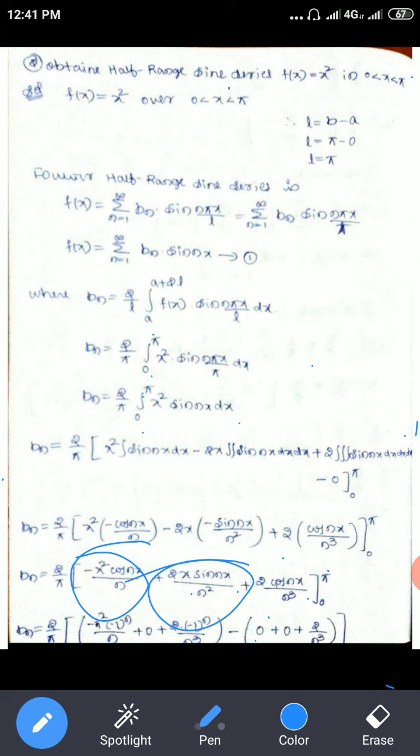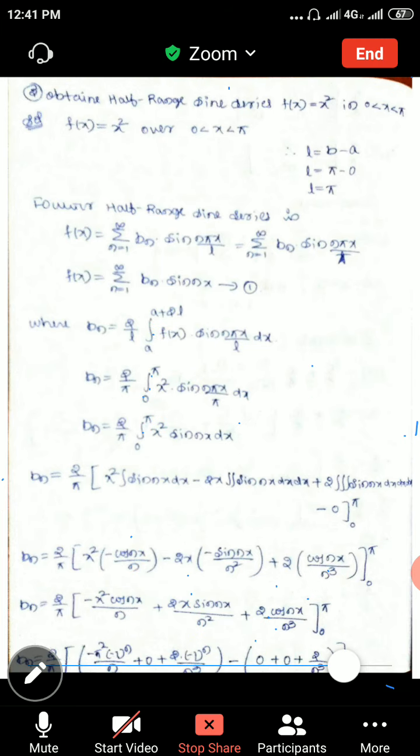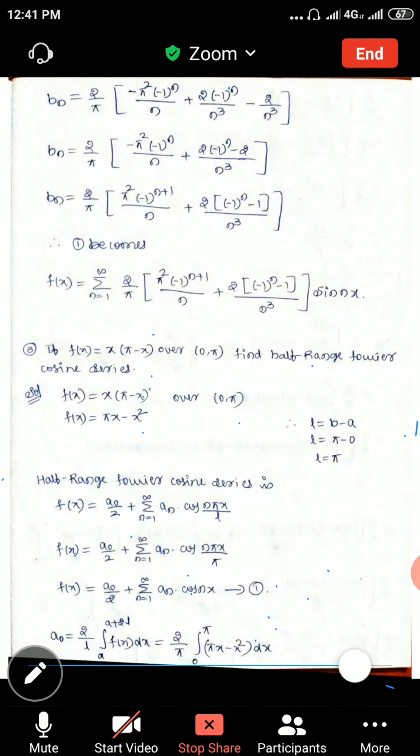Cos of 0 is 1, so 2 divided by n cube. So next thing is that Bn is equal to 2 by pi, minus pi square minus 1 raised to n divided by n square.